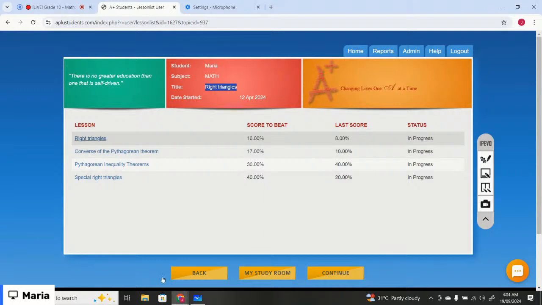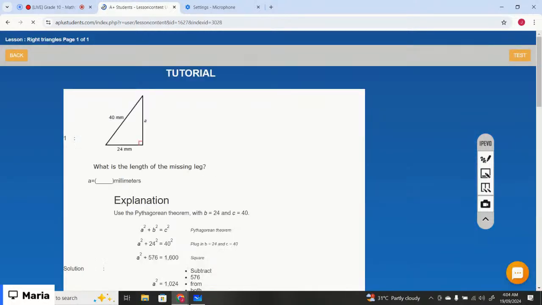Let's just start with the first lesson, that is right triangles. So let's just start with the first example.